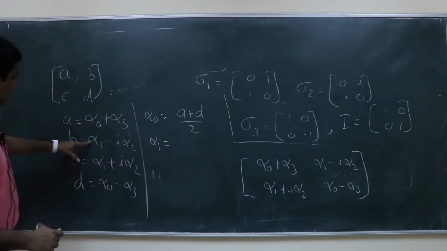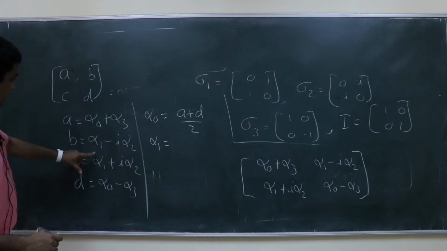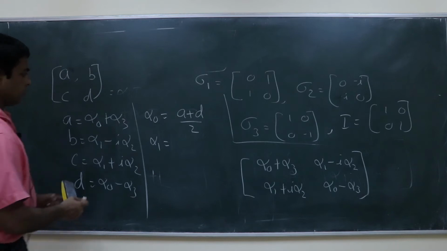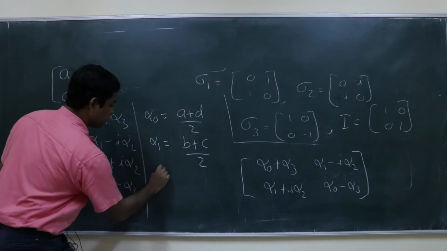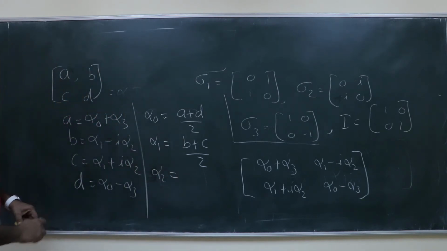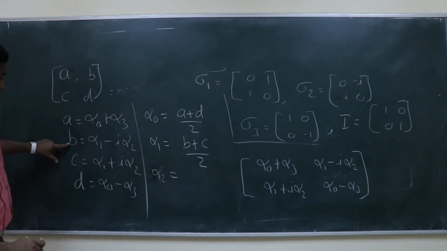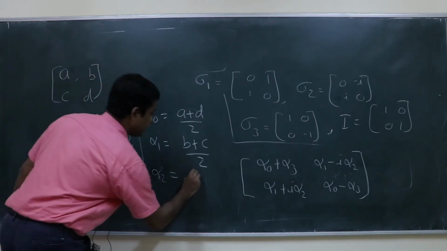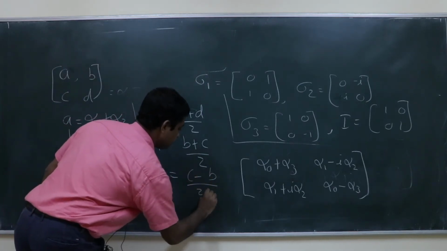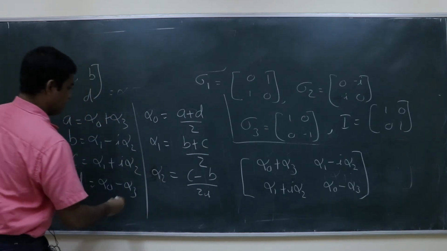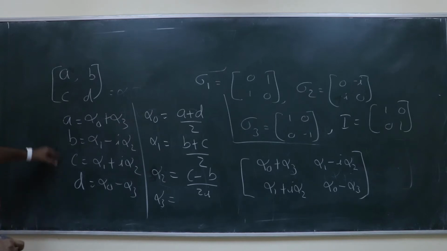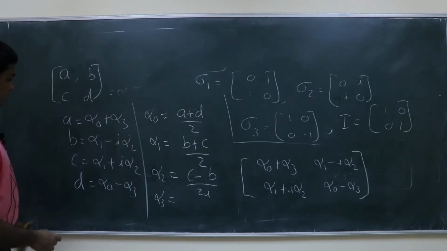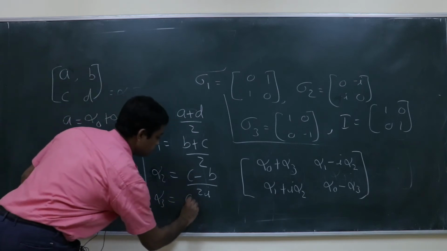Summing B and C, B plus C by 2 will be alpha 1. Then what is alpha 2? C minus B by 2i. Then what is finally alpha 3 equal to? A minus D by 2.